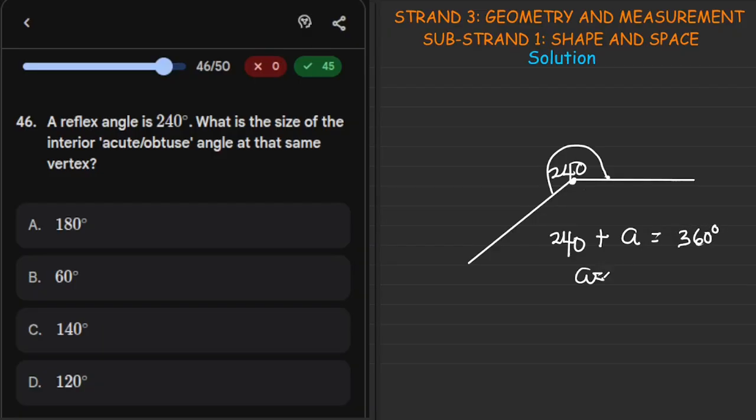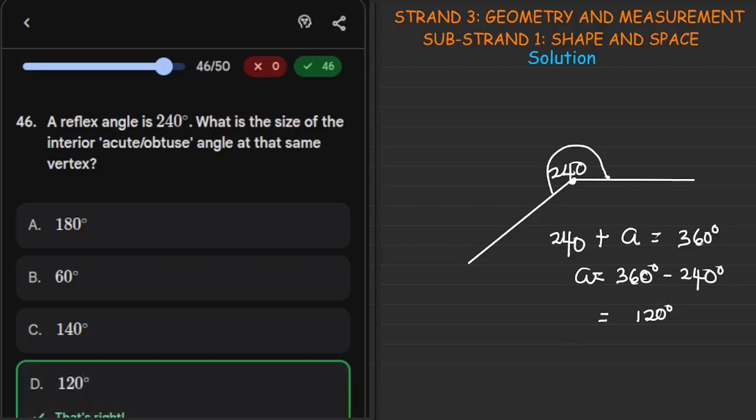Making A the subject, we have 360 degrees minus 240 degrees. If we subtract, we get 120 degrees as the interior angle at the same vertex.